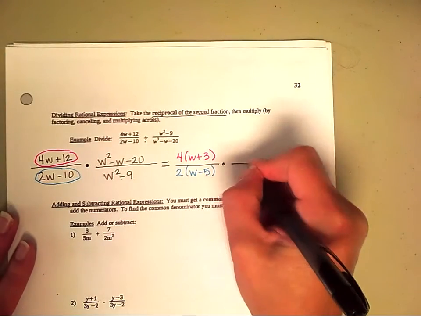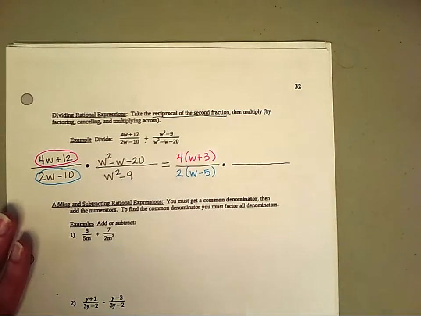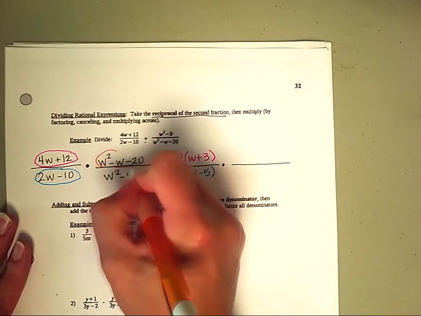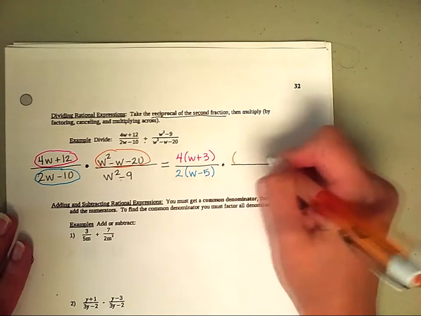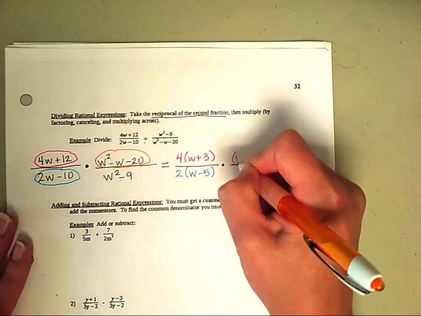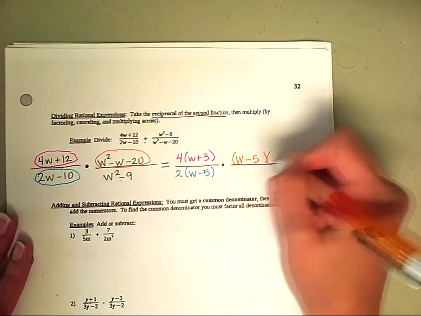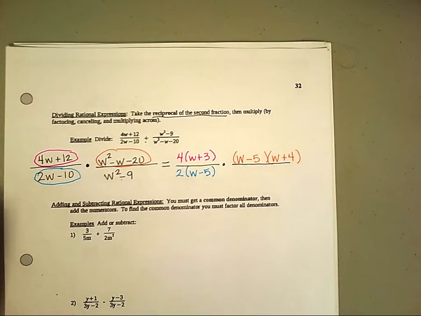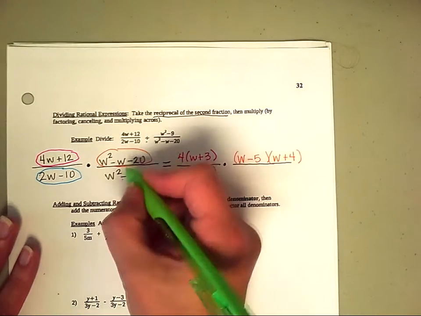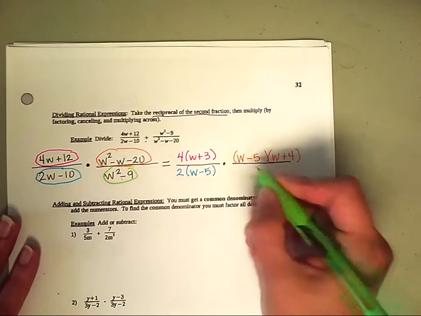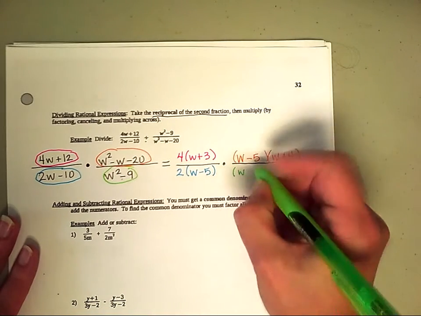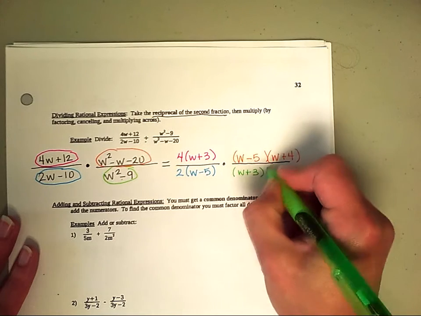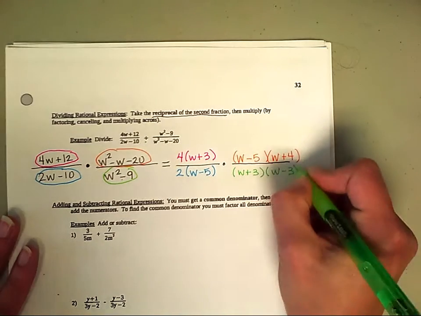Then we're still multiplying. w squared minus w minus 20 will factor into w minus 5, w plus 4. And w squared minus 9 is the difference of two squares. So this factors into w plus 3, w minus 3.